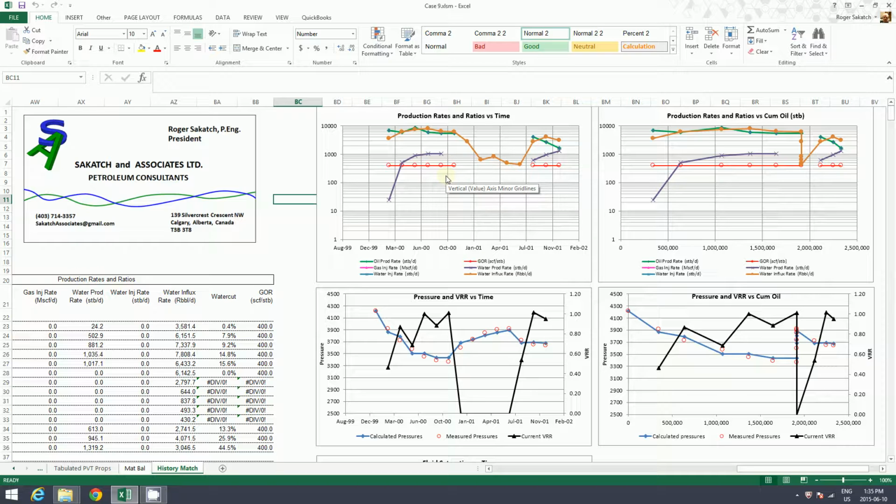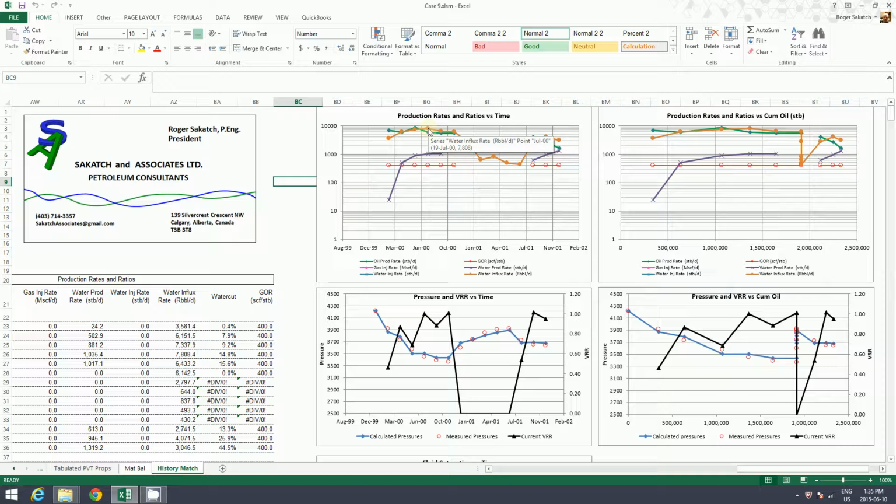The thing that we have in addition to that original production data set that we had seen is we now have an estimate of the aquifer influx volumes, the actual rates that the aquifer is contributing into the oil reservoir. And these are shown here. They're of the same order of the amount of oil production that we're seeing.